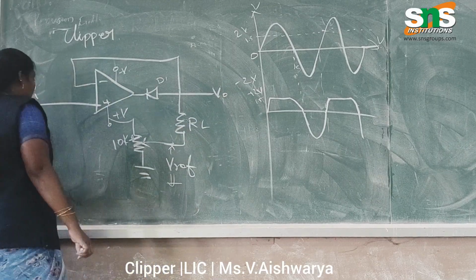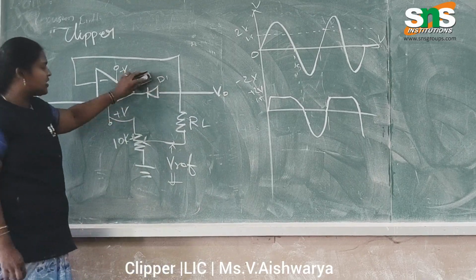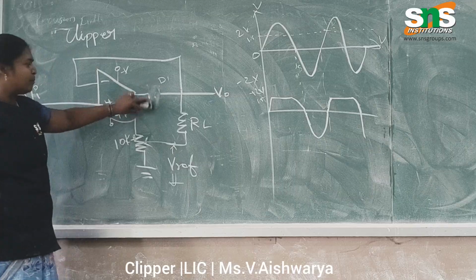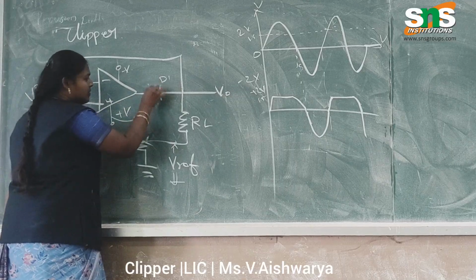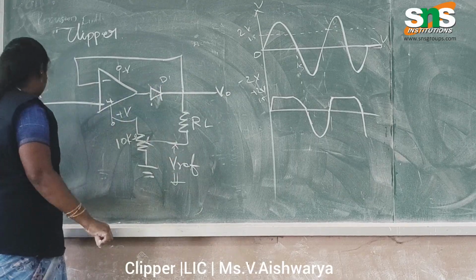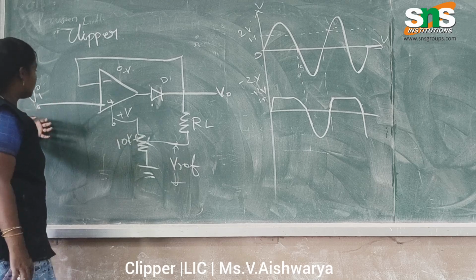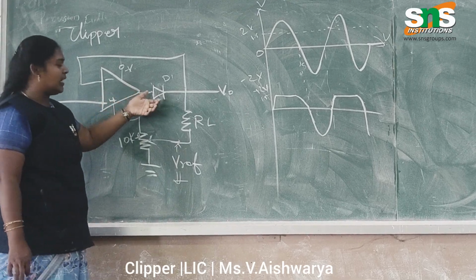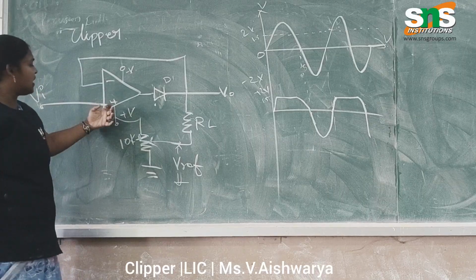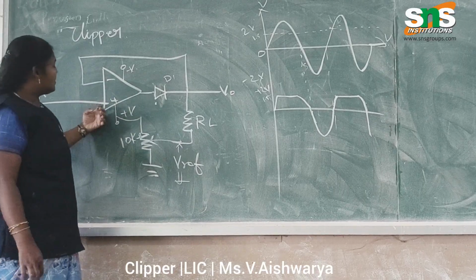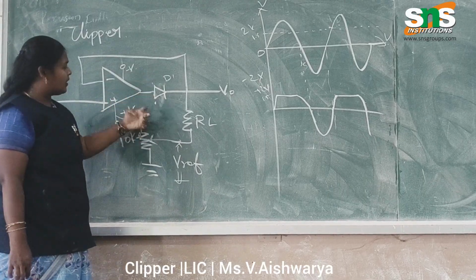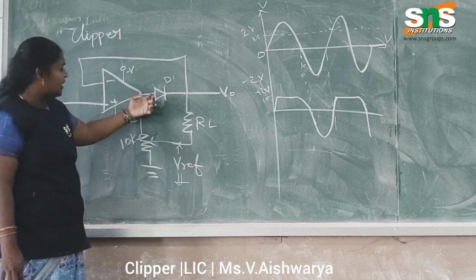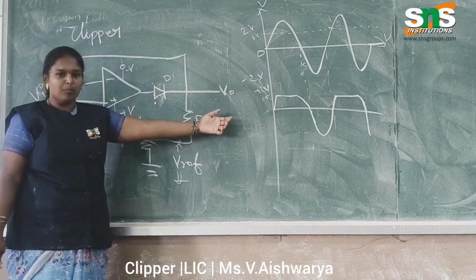For the negative clipper, we change the diode position only, so that it is positioned like this. We apply the input signal to the non-inverting terminal and get the signal here. A positive signal, plus into plus plus, means the diode will be activated, so at this time we get the output here.